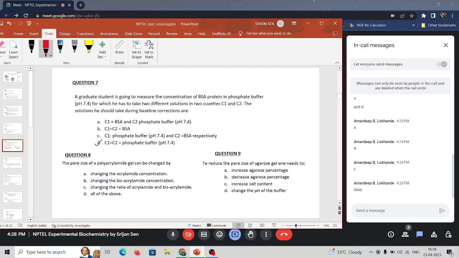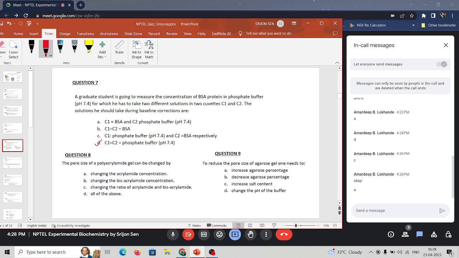Okay, great. Question number 8. The pore size of a polyacrylamide gel can be changed by. How can you change the pore size of a polyacrylamide gel? Very good. By changing the acrylamide concentration.